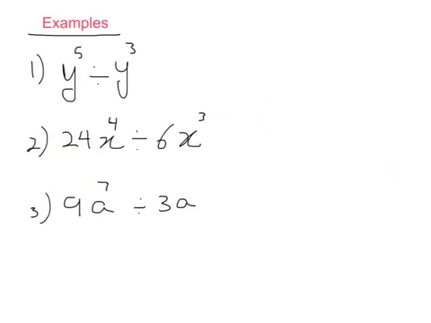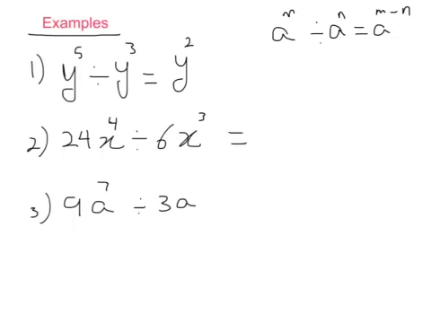This set of examples will use the second law of index, which is a to the power m divided by a to the power n, where we subtract the powers, m minus n. So having y to the power 5 divided by y to the power 3, that would give us 5 minus 3, which is 2.